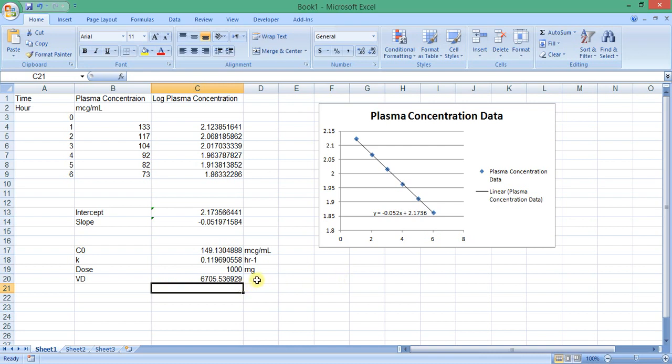This is the volume of distribution, and it has the unit of the volume part of the concentration, so milliliter.